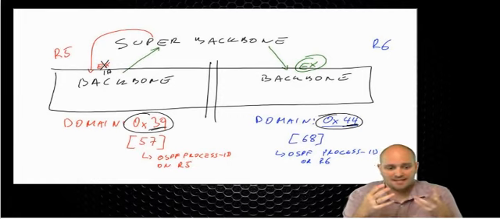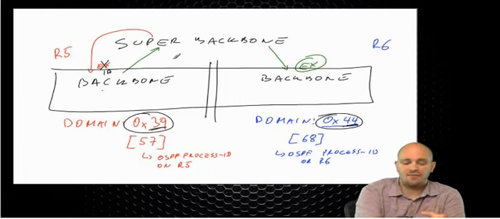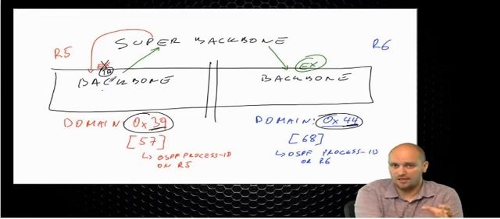The answer is yes, because if the domain ID on this side and this side doesn't match, the routes will be injected as external routes. If you are receiving the routes with the same domain ID as is configured locally for that process, then the routes will be injected as type 3 routes. So if the domain IDs don't match, external. If they do match, inter-area.